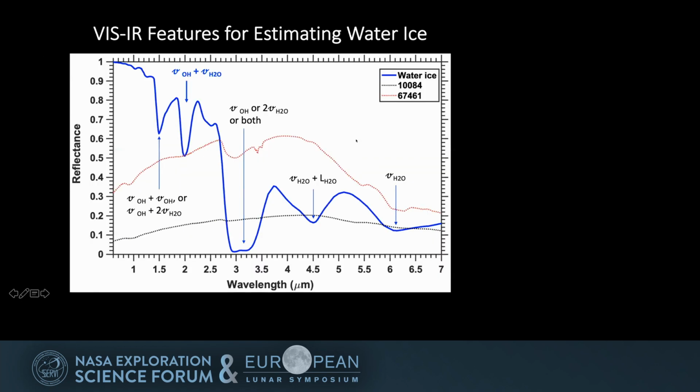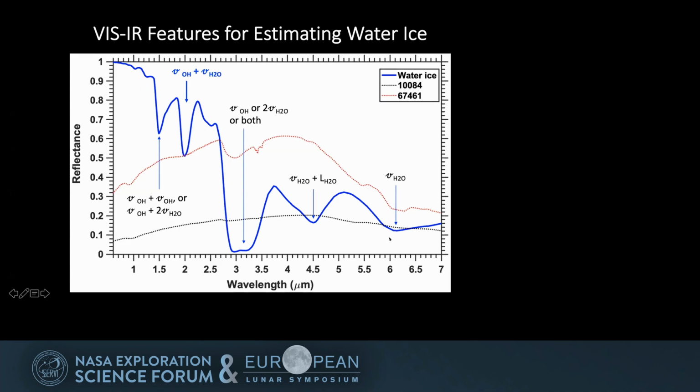And the question is, which features should we use to estimate ice content from the orbital data we have now? So here's a plot. I'm showing the spectra of pure ice as a blue line in comparison to the spectra of two Apollo samples, Apollo 11 sample and Apollo 16 sample.